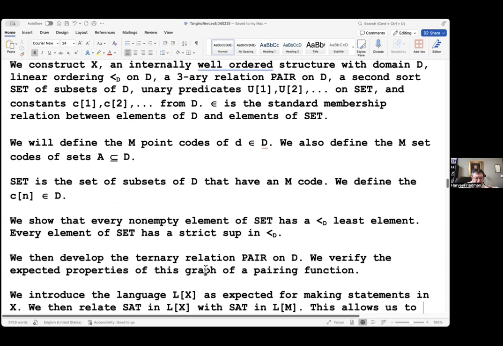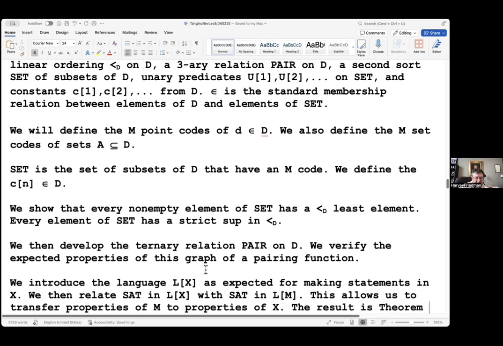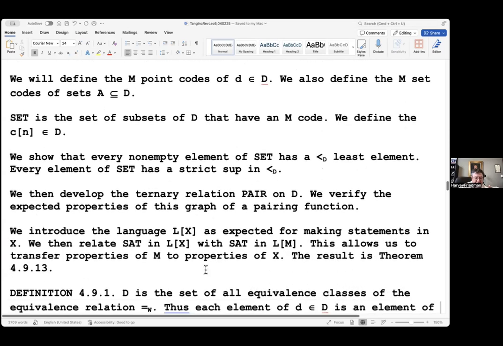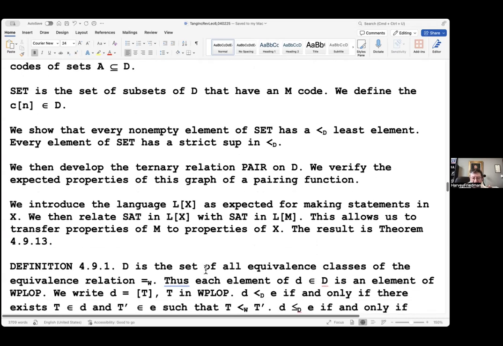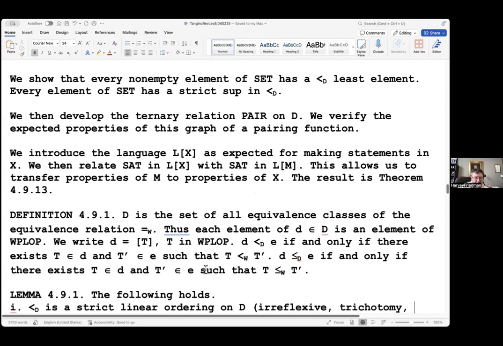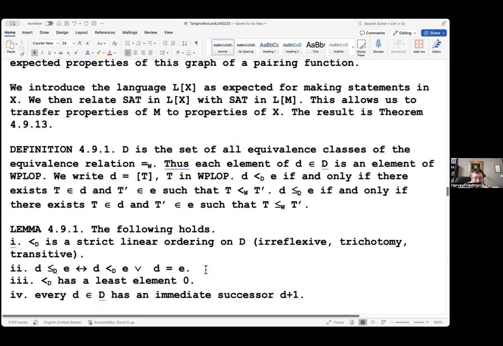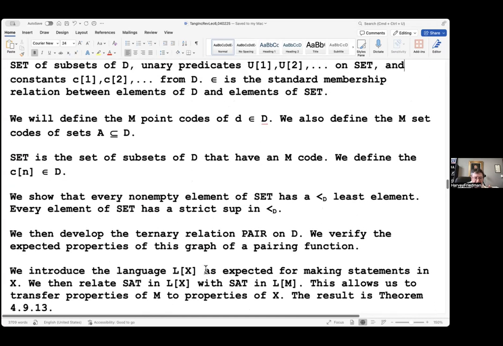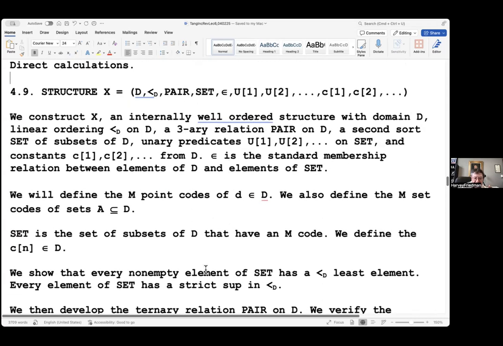Okay, I'll show you what that is. We show that every non-empty element of set has a less than D least element, and the sup form, and the ternary relation pair on D. And then we introduce the language of X, the language of everything I'm building here.